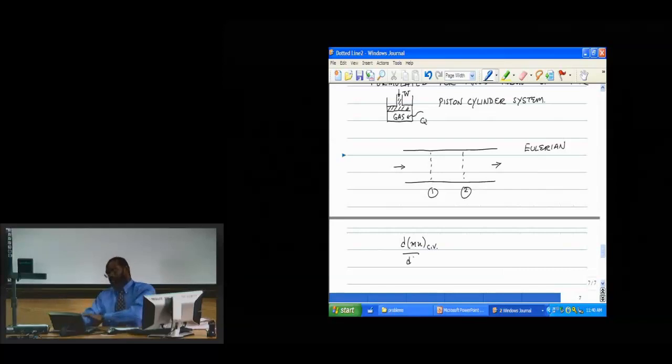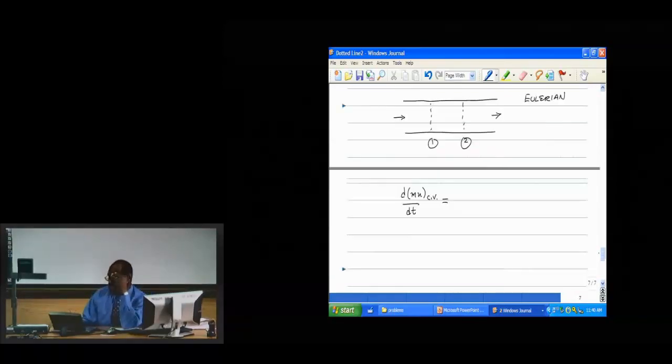is equal to, and here we're going to introduce another property called the enthalpy shortly. To identify that enthalpy property, we're going to have to look at the flow work that's associated with transporting fluid across the system boundaries here. The first piece of this, though, is going to be an m dot in.